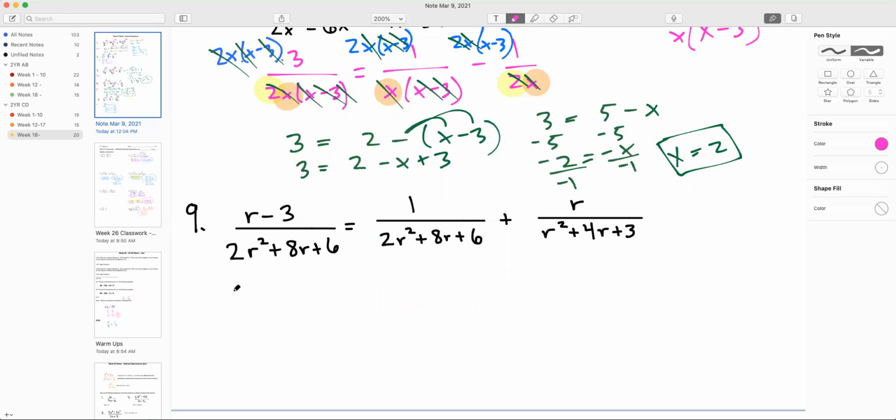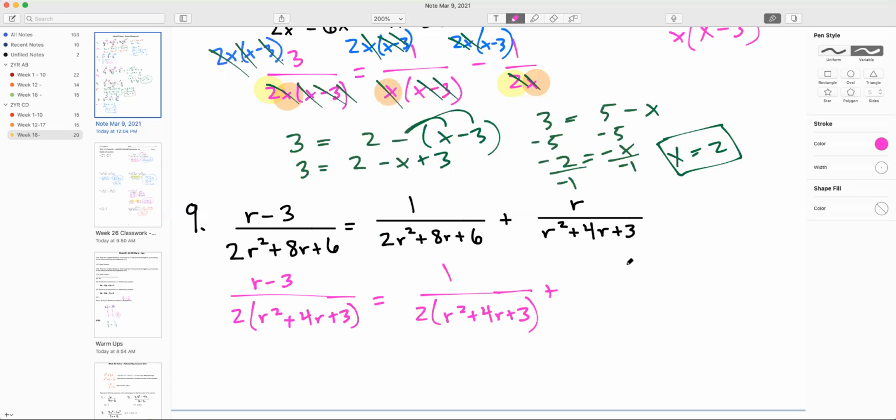We got r squared plus 4r plus 3, and then equals a 1 over the same exact thing, right? Because this is identical to that. And then plus the r over the r squared plus 4r plus 3 there. Just copied that down there.